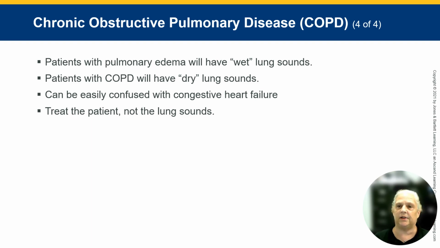Our patients with COPD are going to have those dry lung sounds. They're going to have those wheezes. We should never assume that all COPD patients have wheezing and all congestive heart failure patients have crackles. You always want to treat your patient, not just the lung sounds.